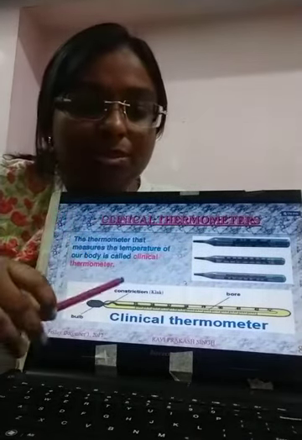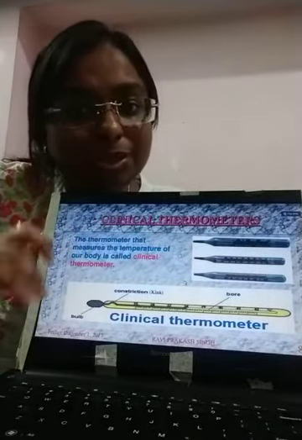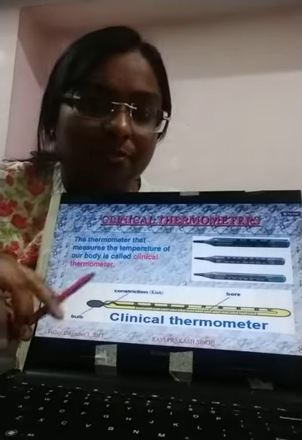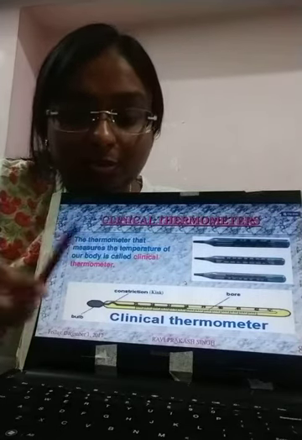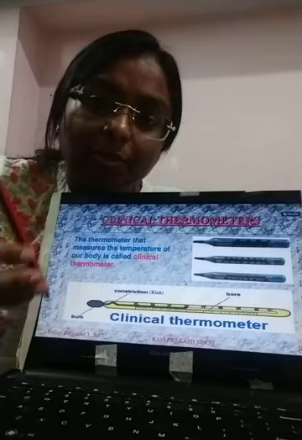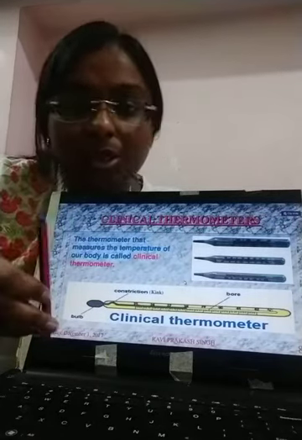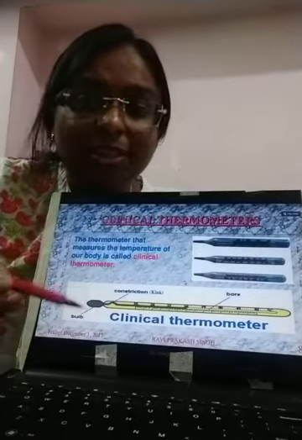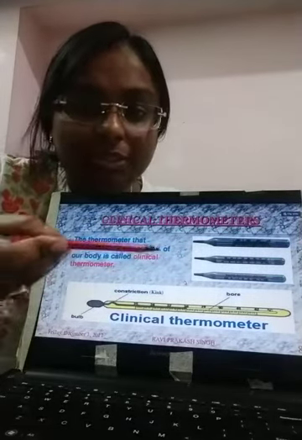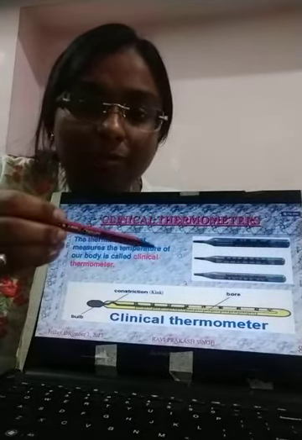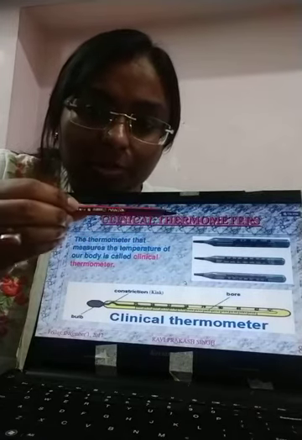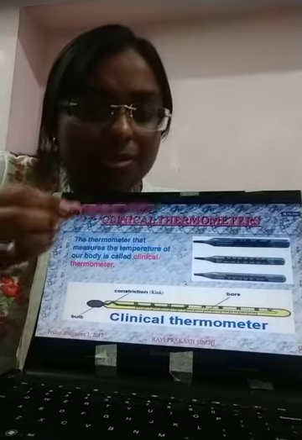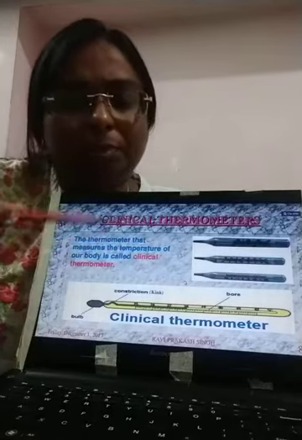Suppose you put the thermometer in your mouth to check the temperature, and as soon as you take out the thermometer, if the mercury level goes down, you cannot accurately measure your temperature, right? You need a bit of time for the mercury to stay at a level to check your temperature.